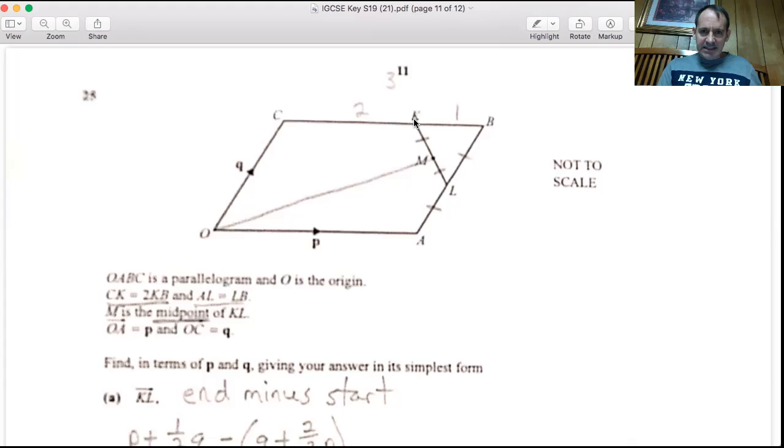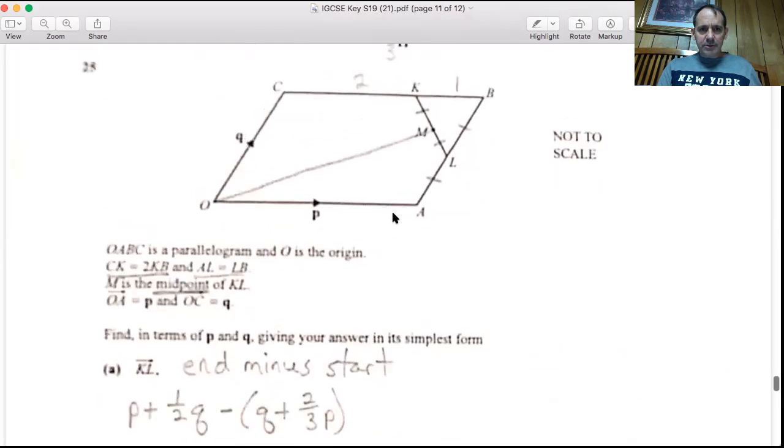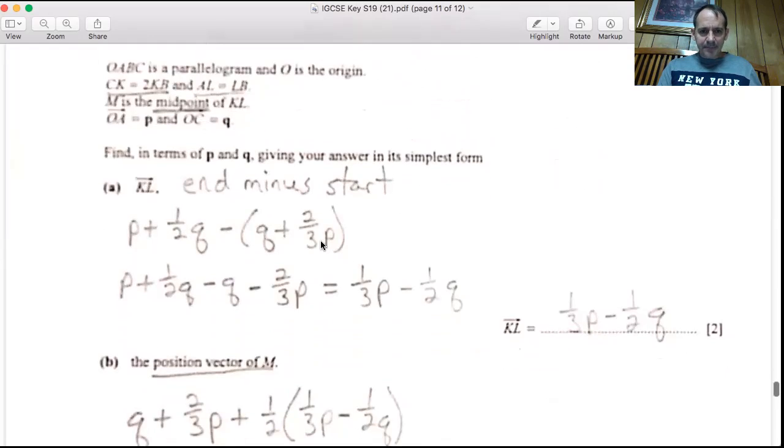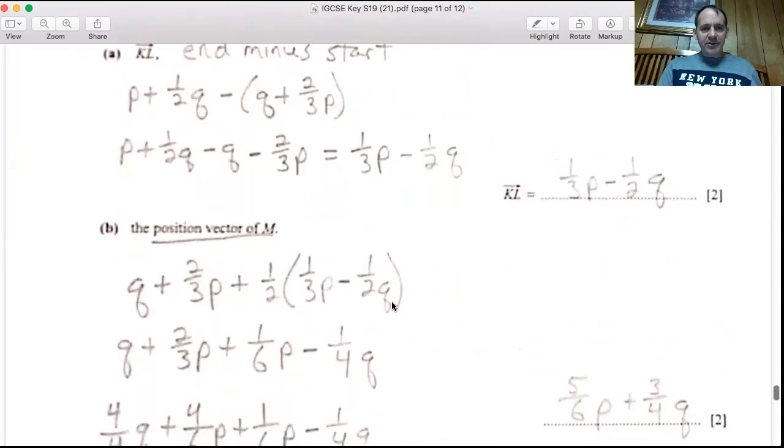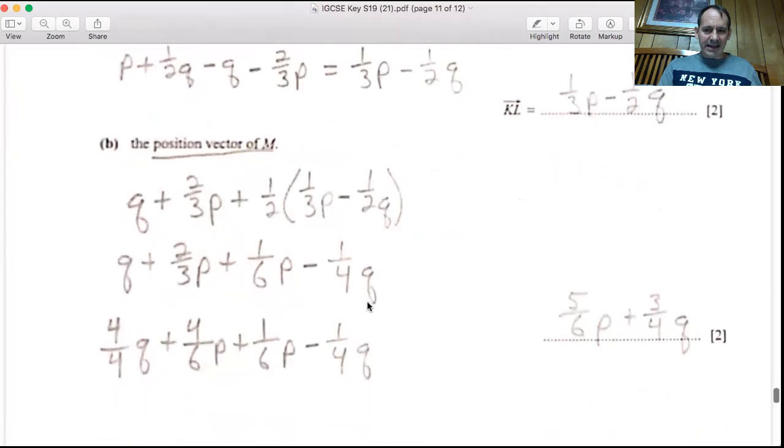So CK is 2/3 of CB, which is the same as P. So this is 2/3 of P. Q, which was this, plus 2 out of 3 of the P. Now at this point, it's just algebra, distribute the negative: half Q minus Q minus 2/3 P, combine like terms. P minus 2/3 P is a positive 1/3 P, half Q minus Q is a negative half Q, and that's your KL. Now it says find the position vector of M.